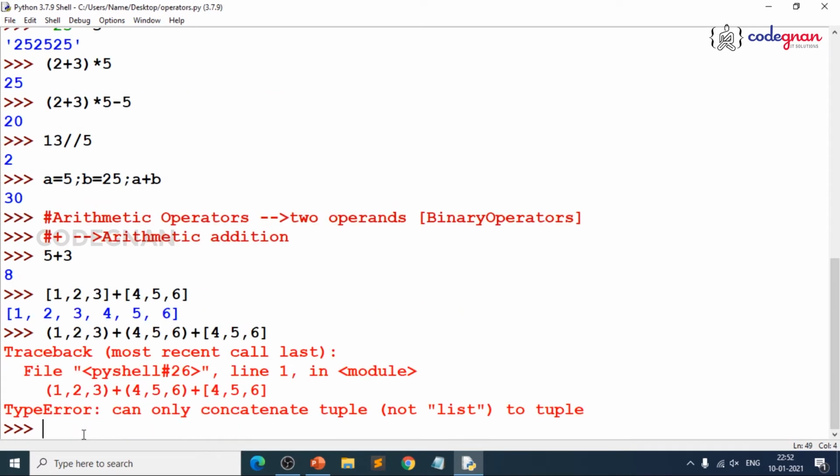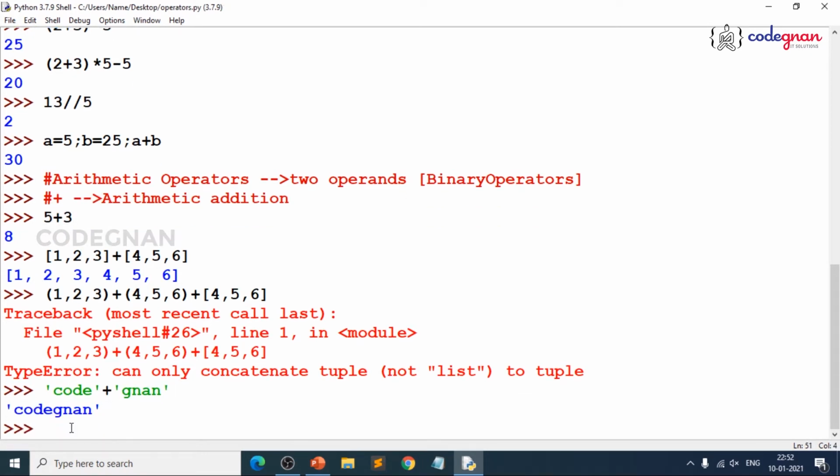Tuples and lists cannot be combined. That's where you get an error. So plus is a very widely used arithmetic operator, where you can also combine two strings. When I give code plus gnan, what do you get? Code gnan. The same arithmetic operator performs addition, merging two lists, or combining two strings.